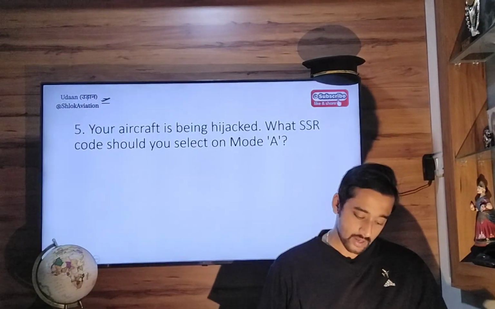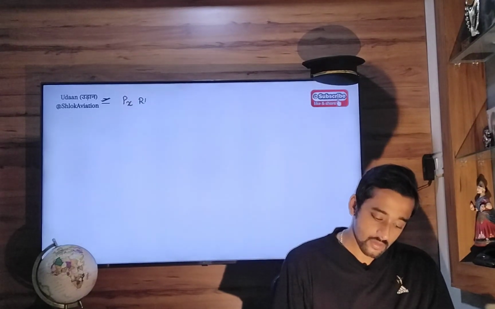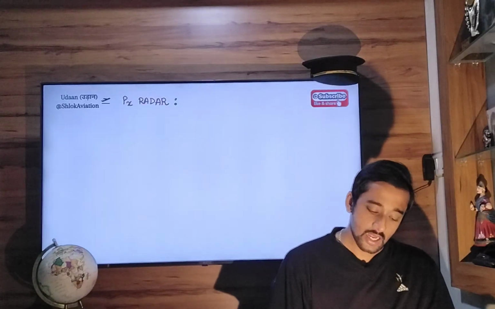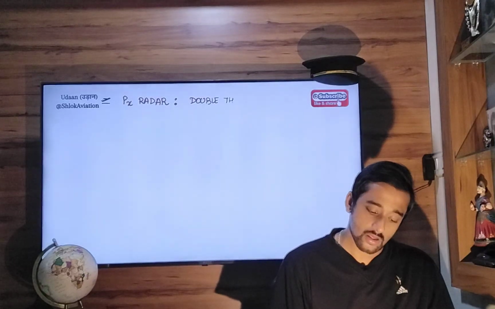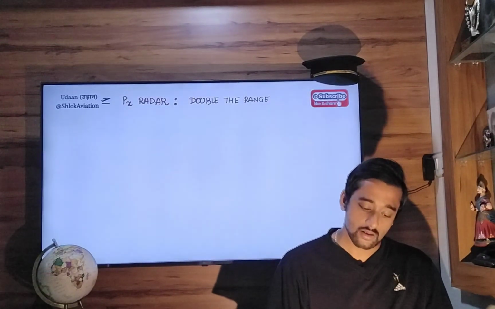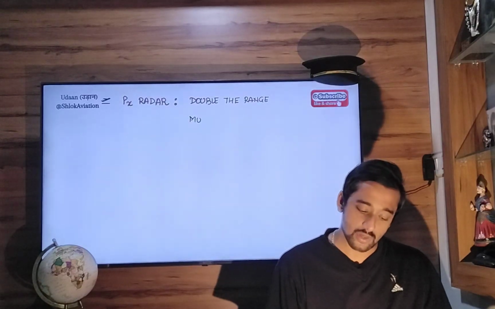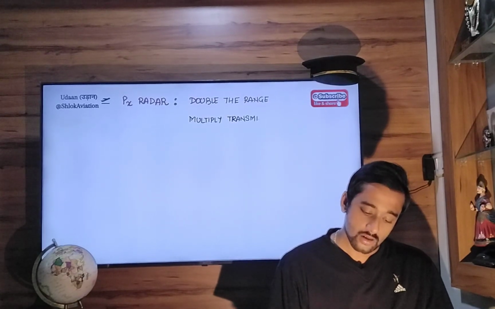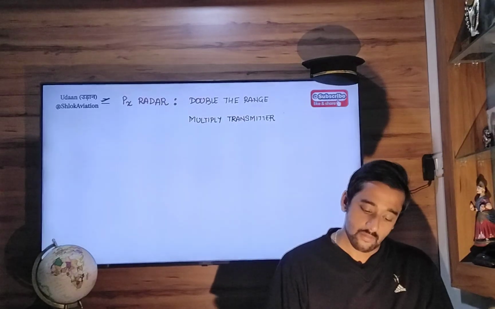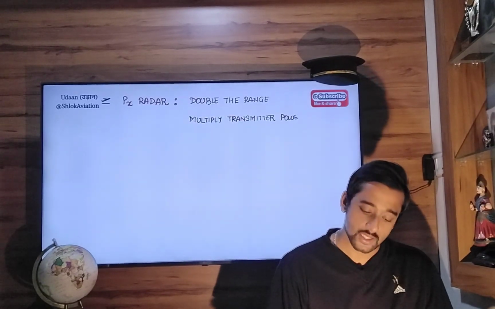In case of primary radar, in order to double the range, you need to multiply the transmitter power by 16 times.